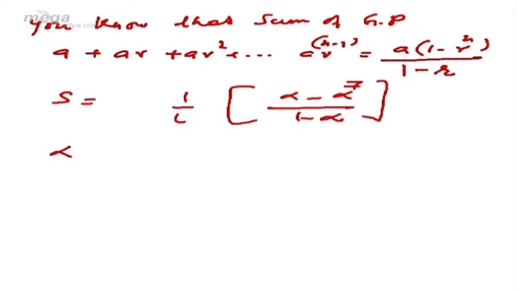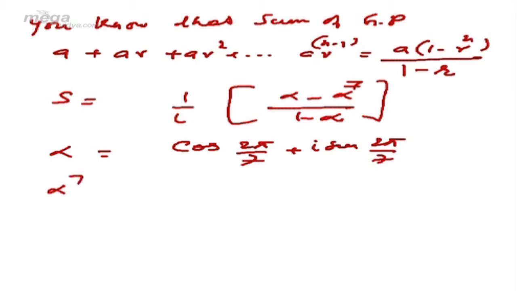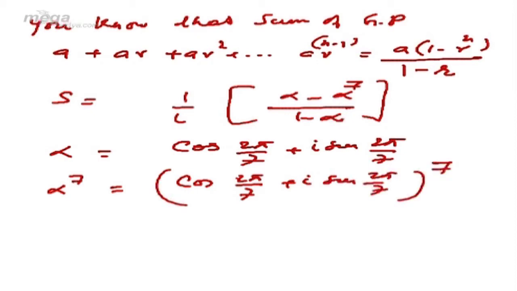Now we have supposed alpha equals cos(2π/7) plus i sin(2π/7). So alpha to the power 7 will become (cos(2π/7) plus i sin(2π/7)) whole to the power 7. Now apply De Moivre's theorem.